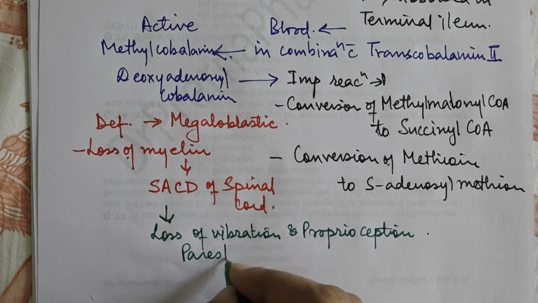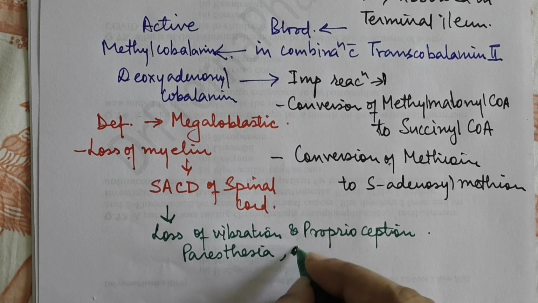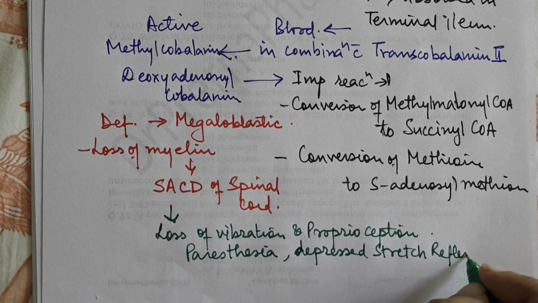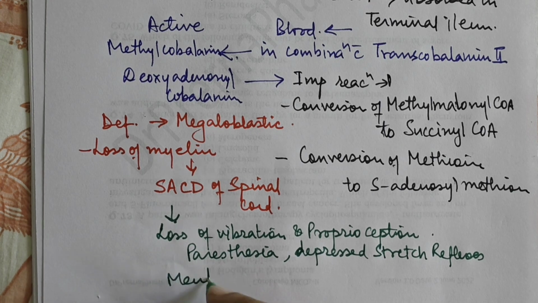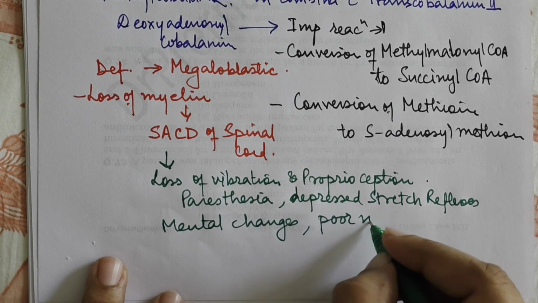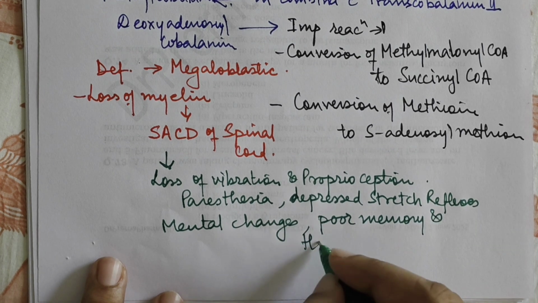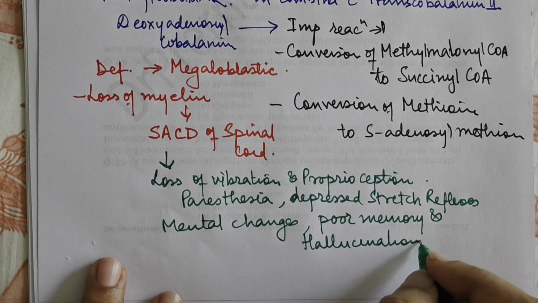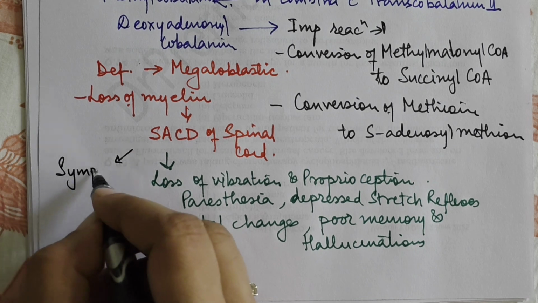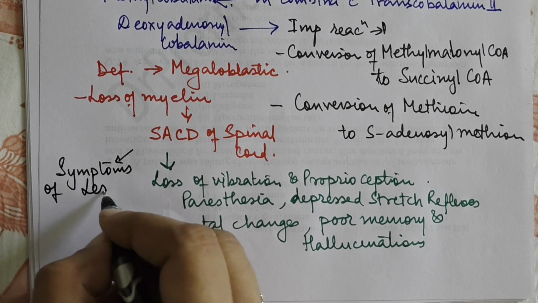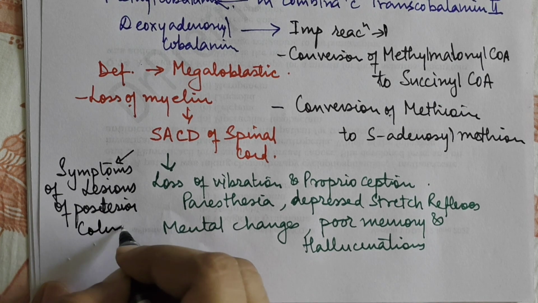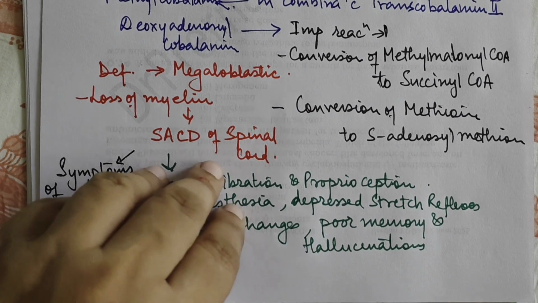There is paresthesia, depressed stretch reflexes, mental changes, and poor memory and hallucinations. Why? Because the symptoms are related to lesions of posterior column of spinal cord. Okay, ठीक है?